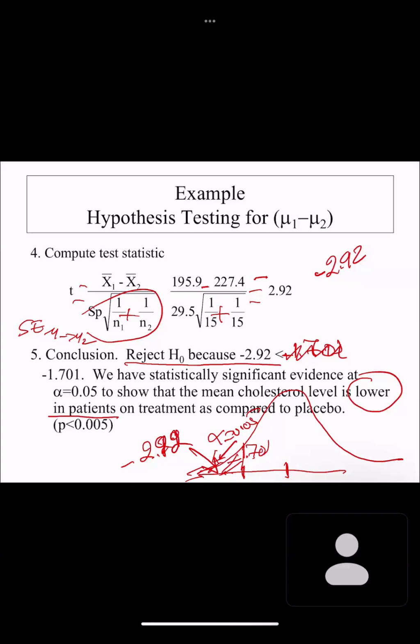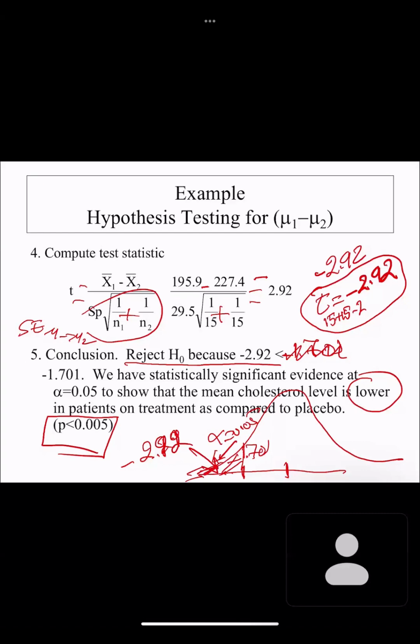What's the probability of 2.92? It's when you find the t or the z. I look at the t table, and at the degrees of freedom of 15 plus 15 minus 2, which is 28, and I find the p-value corresponding to p less than 2.92.